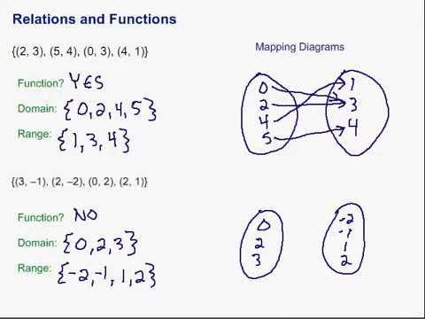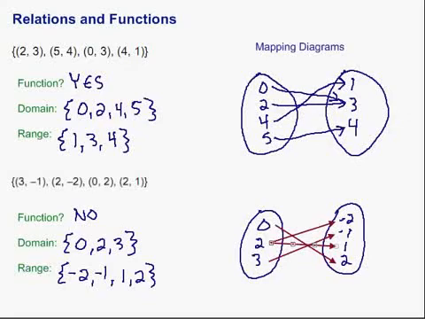And if we then just connect what our ordered pairs are. So 3 is being paired with -1, like so. 2 is going with -2, so we're up there. 0 is going with 2. And finally, 2 is going with 1. Okay, so there's our mapping diagram for that relation.